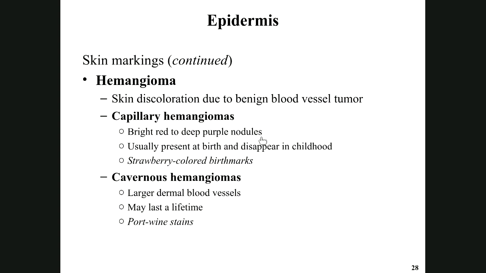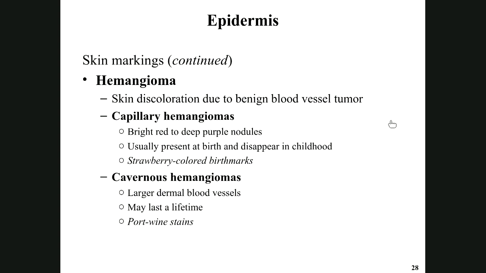They are present at birth and then they disappear during childhood. The other name of capillary hemangioma is strawberry birthmark. And the other problem is cavernous hemangioma. We have larger dermal blood vessels, and they remain in our body for our lifetime. The other name for them is port wine stains.